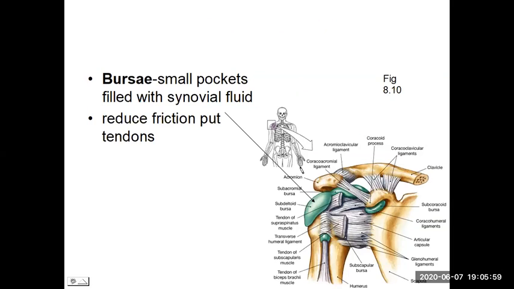A bursae on this illustration here of the shoulder, they're seen here in green. So all these different green elements that you're seeing on this figure. And bursae, they're found, of course, surrounding the very flexible synovial joints. And they produce a similar joint fluid, that synovial fluid.